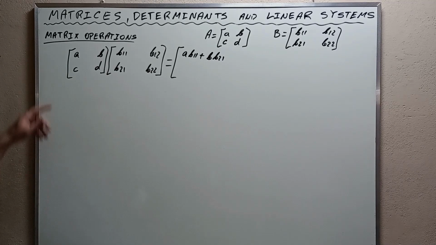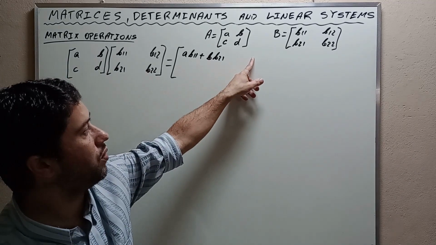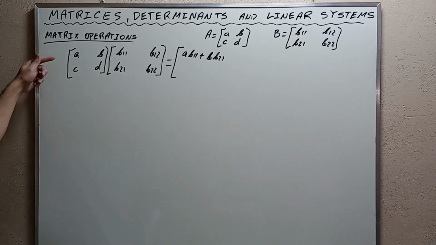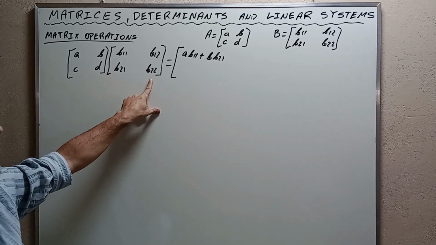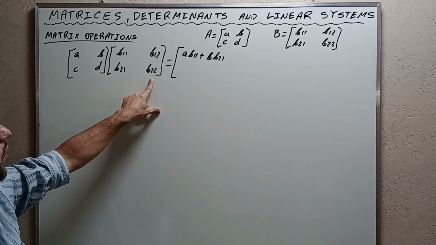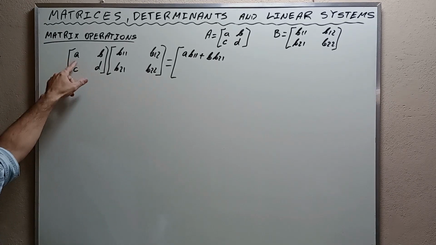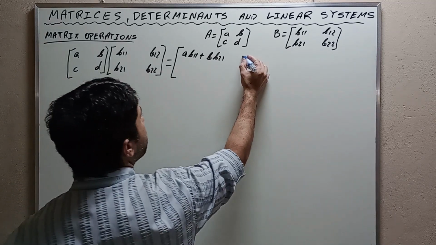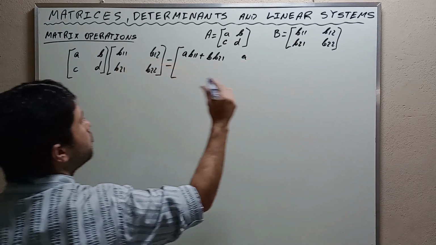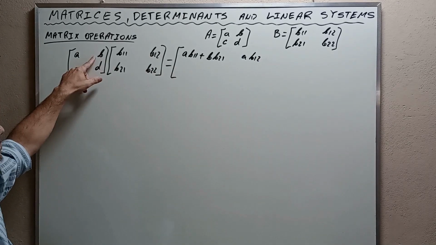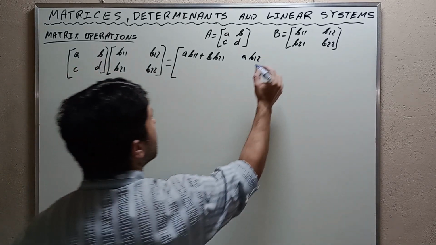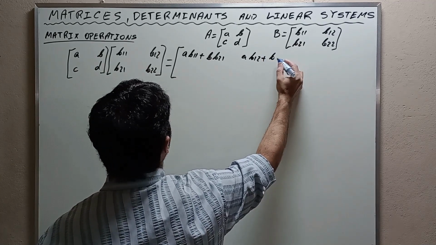And now the second entry of this matrix will come from the multiplication of the first row of the first matrix and the second column of the second matrix. A times B12 plus B times B22.